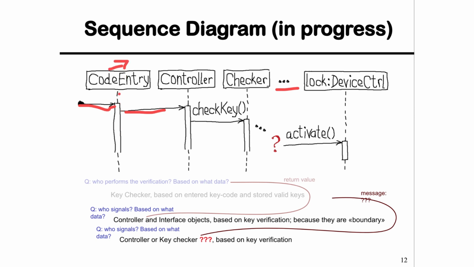The vertical bar shows the lifespan, or the activity, of the object. For instance, this object is active from here to here. Whenever the object is not needed in this dynamic model, you show it's not required by using an X sign at the end of the lifespan. But if you might use this object somewhere later in the sequence diagram, then you keep it active for some time.